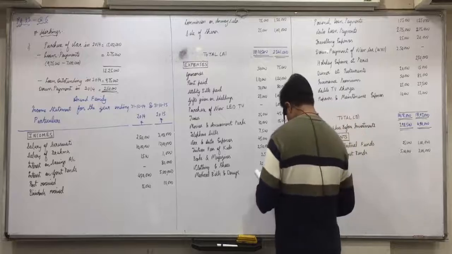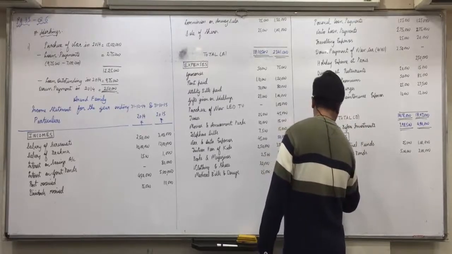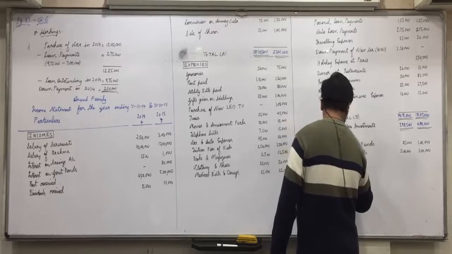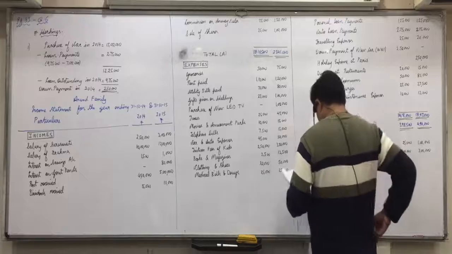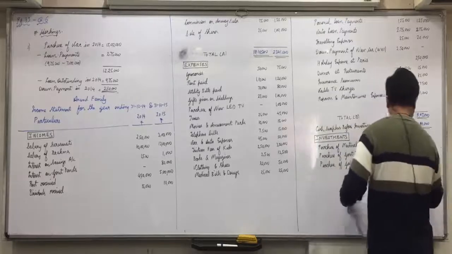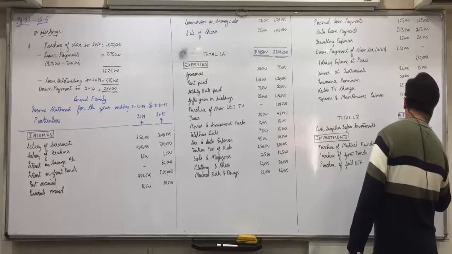And purchase of gold ETF, 25,000 and 75,000.